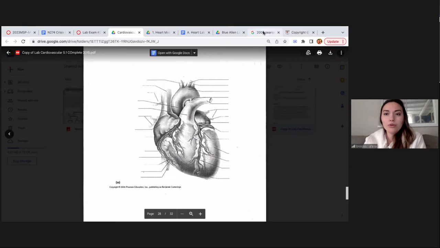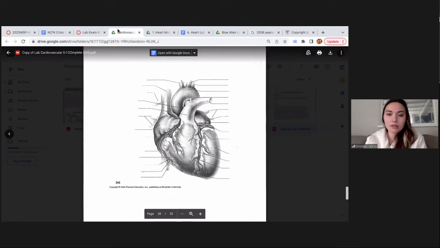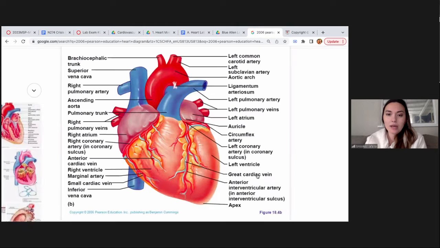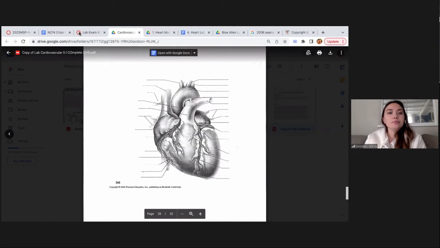So if you Google 2006 Pearson heart diagram, all you have to do is hold this next to your cardiovascular lab packet and you can fill it in. Everybody got that? Just Google 2006 Pearson heart diagram. All right, so this, oops, no one can read that.